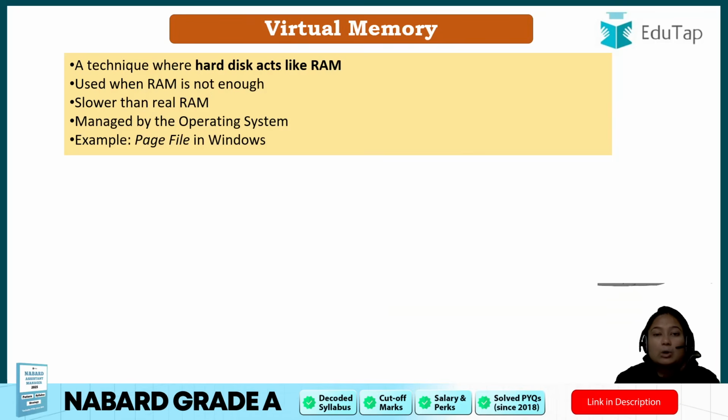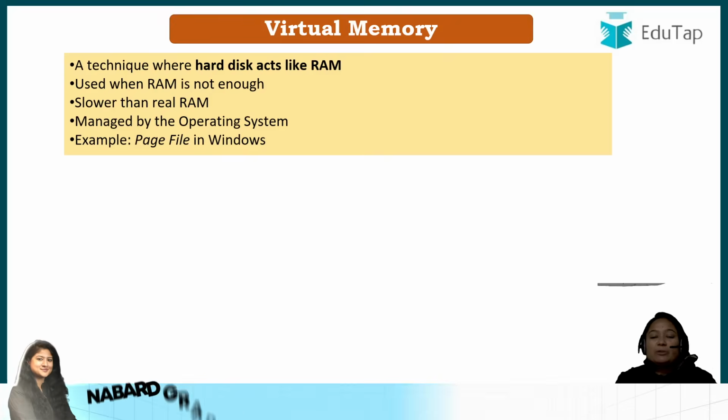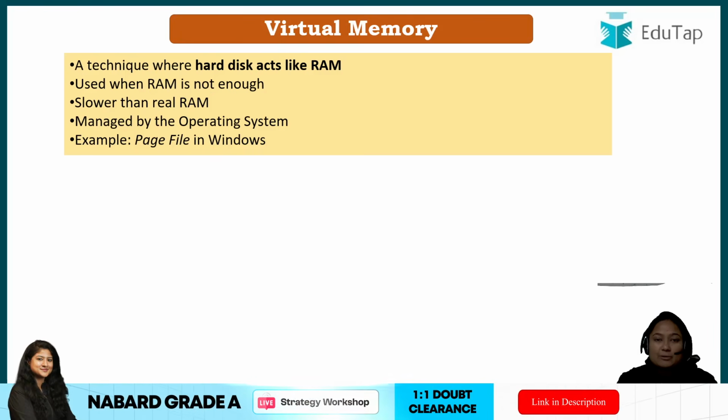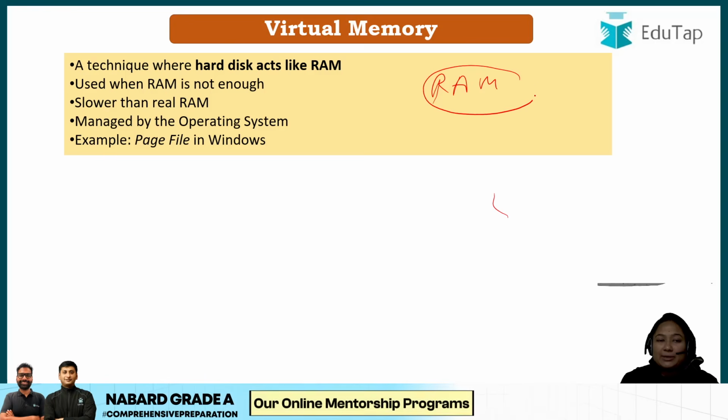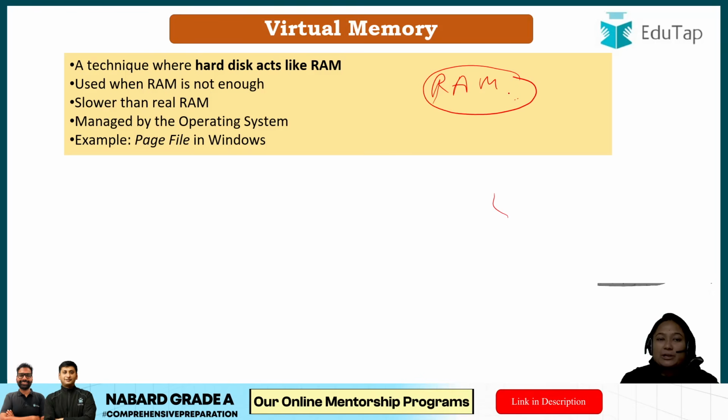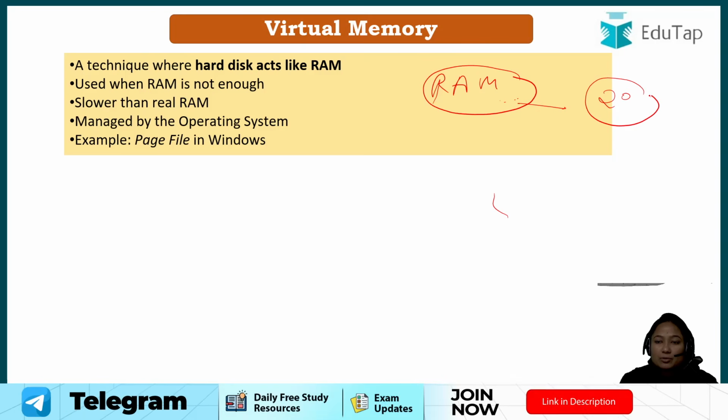Okay. Now a little bit of different memory we have is the virtual memory. What is virtual memory? Sometimes your RAM is full. In your RAM you don't have any memory left. So in this particular case, you have the secondary memory, right? What your computer does is that a certain section of secondary memory is kept aside, and this will act as the RAM.